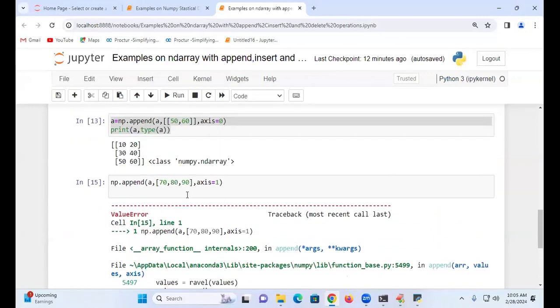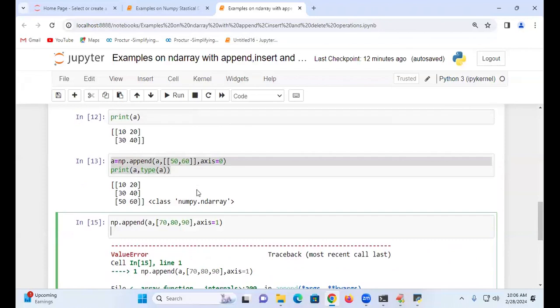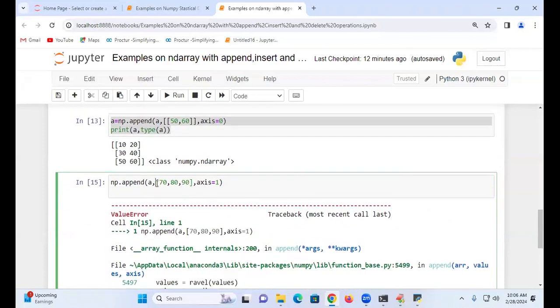But here, axis is equal to 1, A comma, A of 70, 80, 90. So 70, 80, 90 is taken as what here, something like this is taking. Somewhere else it is missing.